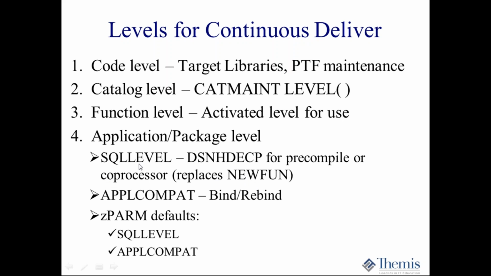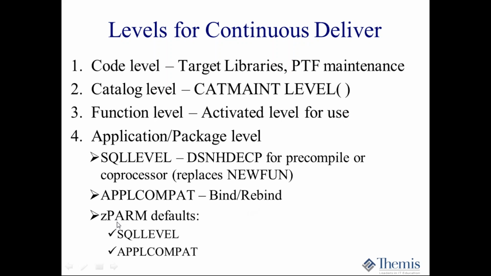So the SQL level will be applied in the DB2 module for your precompiler and coprocessor. The APPLCOMPAT on your bind or rebind is tracked in the catalog when you do your rebind or your bind. Okay?